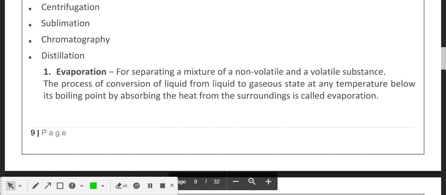Evaporation is basically the conversion of liquid to gaseous state at any temperature. किसी भी टेम्परेचर पे वो लिक्विड इवेपोरेट हो सकता है बिलो इट्स बॉइलिंग पॉइंट, राइट? यू नो नीड टू बॉयल इट, उसे बस हीट सप्लाई करना है या उस सराउंडिंग से अपने आप हीट लेगा और इवेपोरेट हो जाएगा. So this process is known as evaporation.